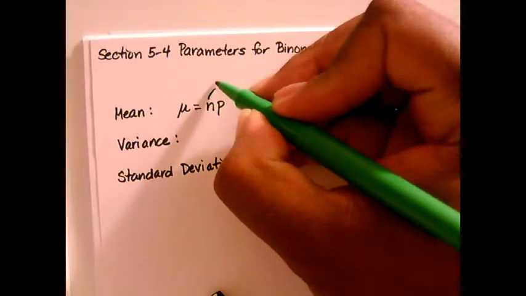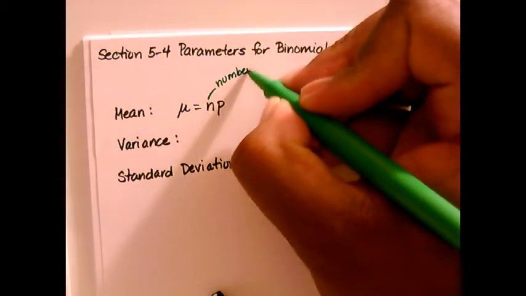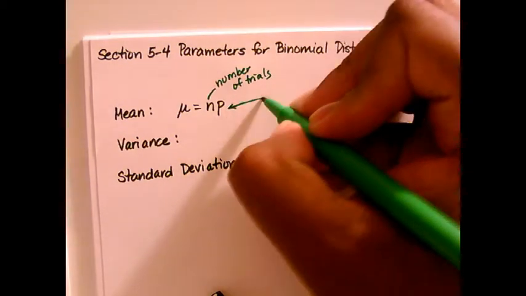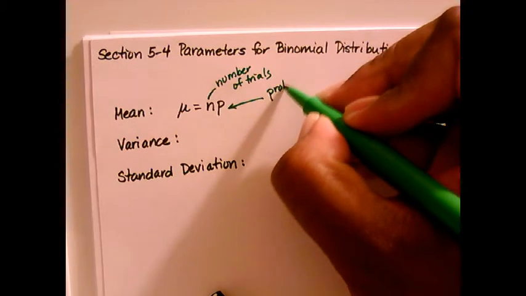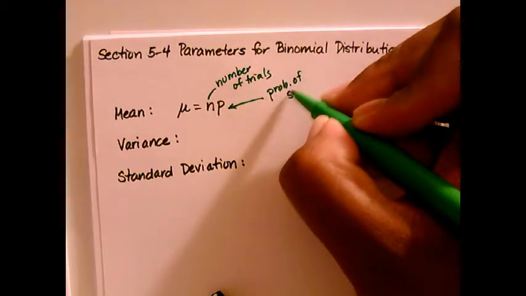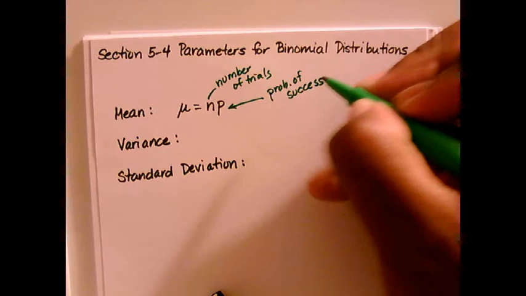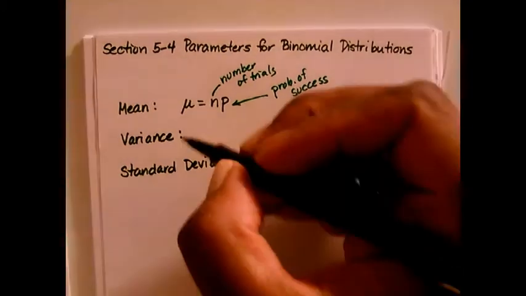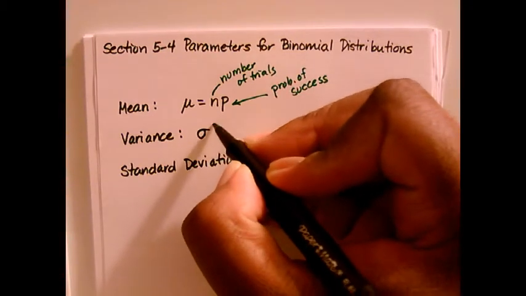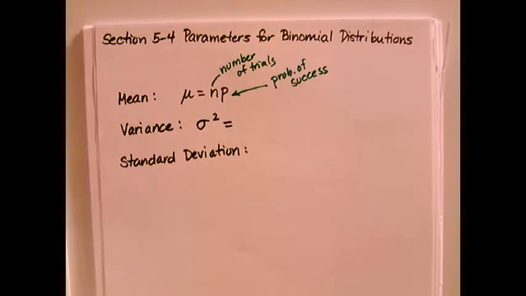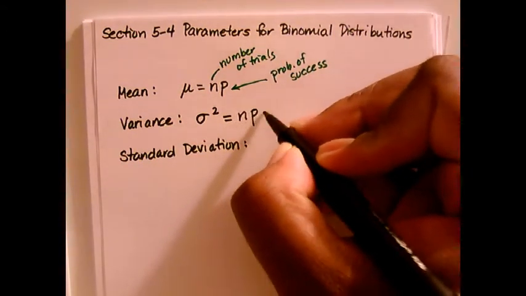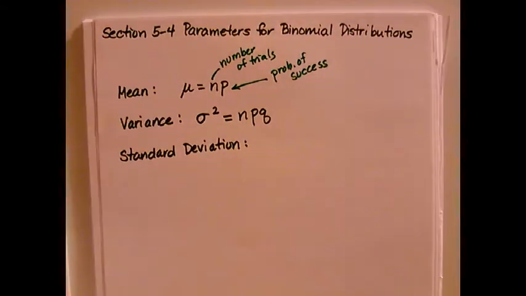In this case, n is the number of trials, and p is your probability of success. And then the variance is sigma squared, and that's going to be the product of n, p, and q.